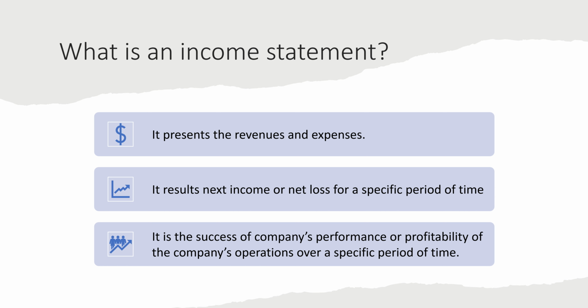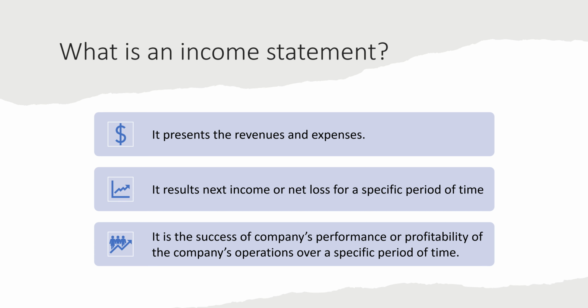So the income statement tells us how much income we are earning, or how much net loss we are having for a specific period. Basically, the income statement is considered to be the measure of a company's performance or profitability, or overall the operational results over a period of time, like whether this company made money in a particular period, let's say in January or February or March.